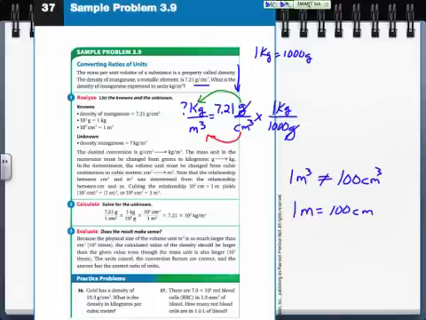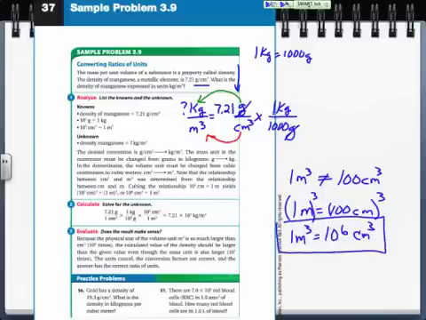But the problem is, if you cube this, you cube both sides. 1 meter cubed gives you 1 cubic meter. But 100 centimeters cubed gives you 1 million. We're just going to go 10 to the 6th cubic centimeters. This is very important when you work with squares and cubes and those kind of things. So this is the conversion that I have to use.